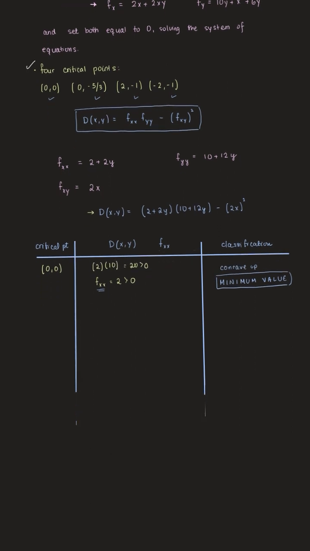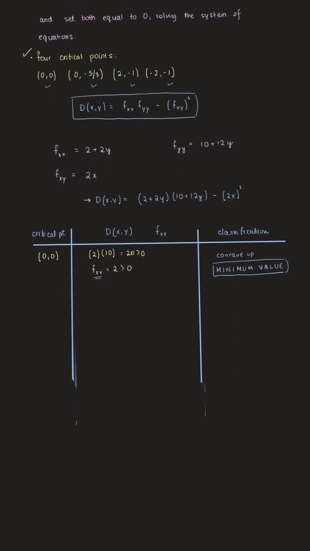Okay, let's look at our second. If you would like a more detailed explanation about each part of this test, you can go to our previous video. Okay, our second critical point, 0 and negative 5/3. For the first part of our discriminant, I'm going to have 2 minus 10/3 times 10 minus 60/3 minus 0. So we can see that this will be positive, but notice that each of these factors is negative.